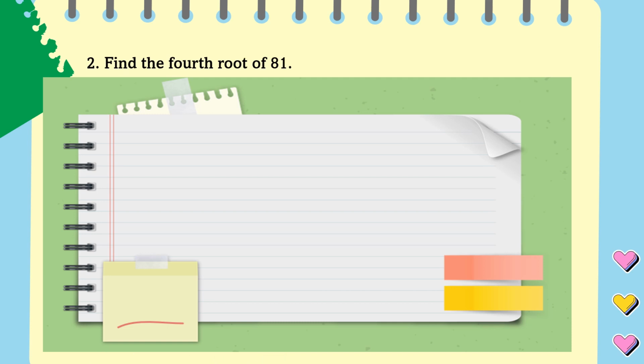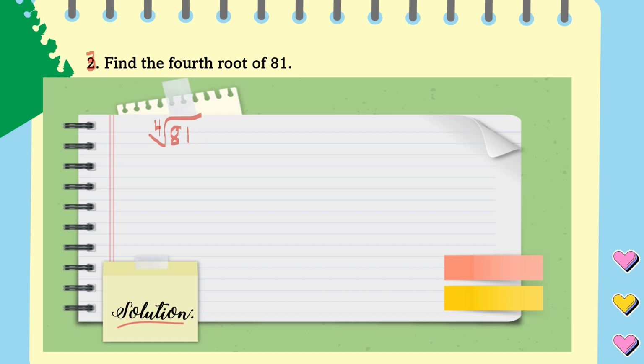Next, let's have number 3. Find the fourth root of 81. The fourth root of 81 in symbol is this. What number, when multiplied by itself 4 times, will give a product of 81?